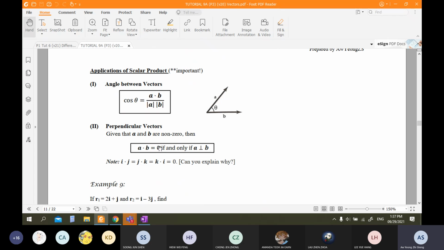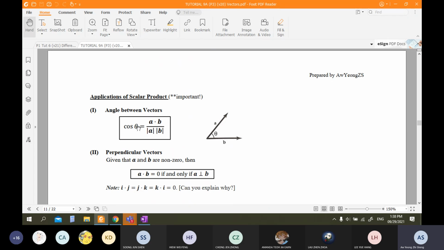If the number happens to be 0, then there is a very useful thing that we can deduce. The two vectors will be perpendicular if the dot product is 0. And so this is one of the major uses of scalar product. If a scalar product is a non-zero number, our syllabus doesn't require you to know the graphical interpretation of it. We will use dot product to find angle.